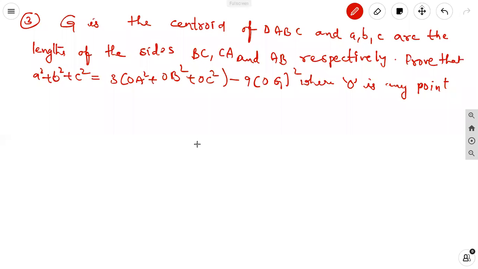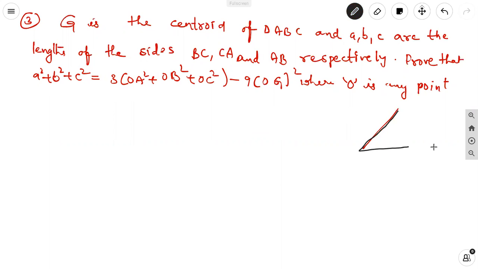Problem. G is the centroid of triangle ABC, and a, b, c are the lengths of the sides BC, CA and AB respectively. Prove that a square plus b square plus c square equal to 3 into OA square plus OB square plus OC square. First, we can take the triangle.